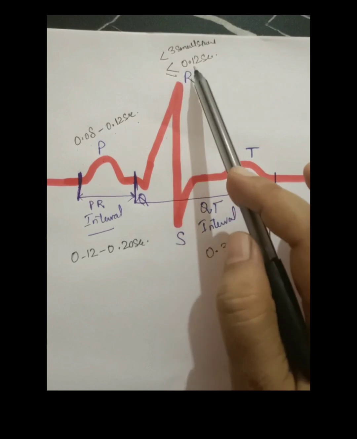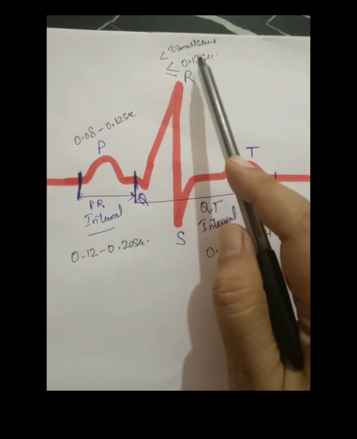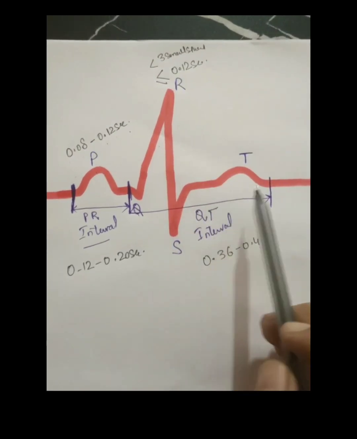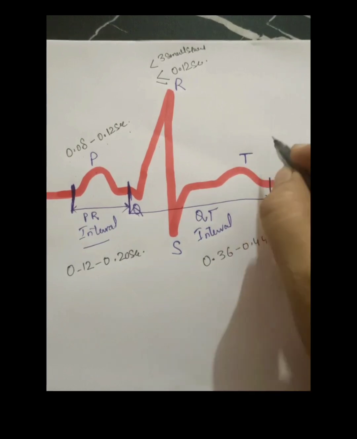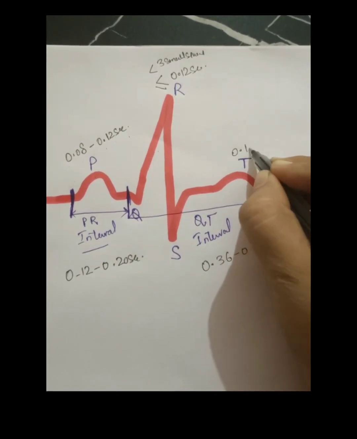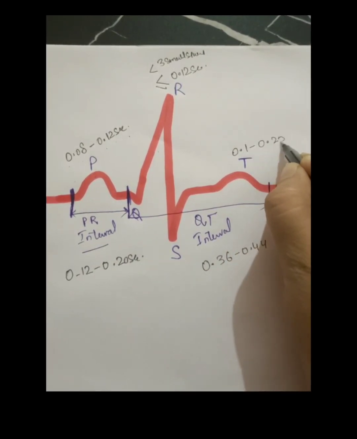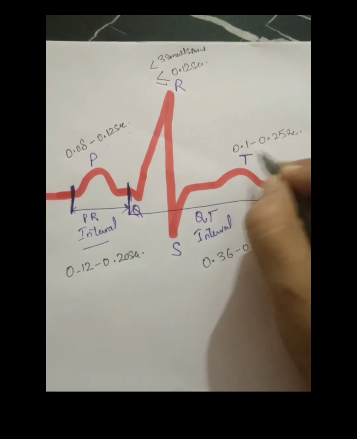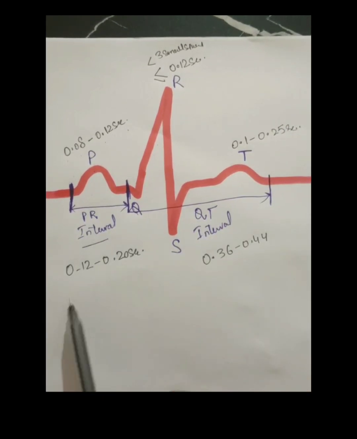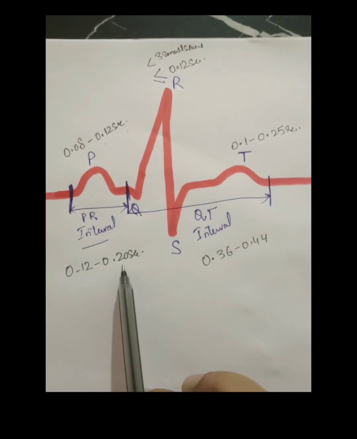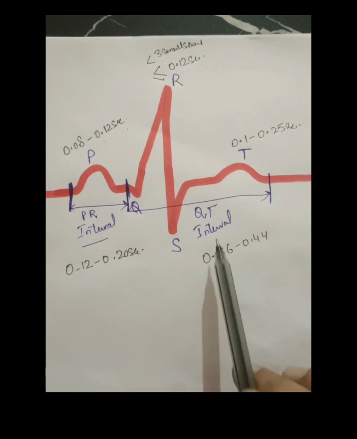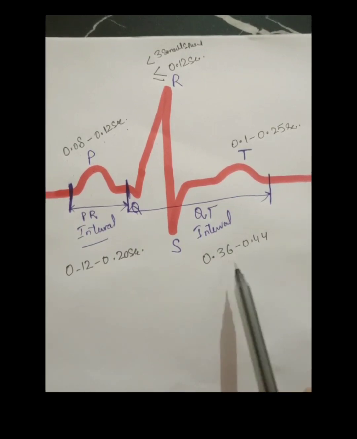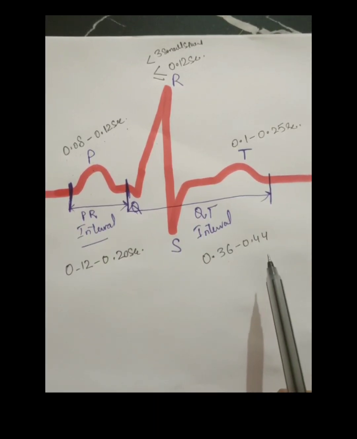QRS is less than 0.12 second, or less than 3 small squares. Then we have T. T is from 0.1 to 0.25 second, so this can be variable. Now PR is 0.12 to 0.20 second, and the QT interval is 0.36 to 0.44 second.